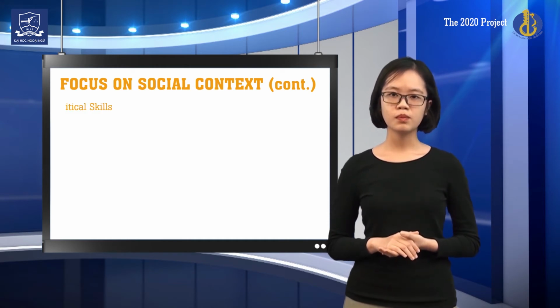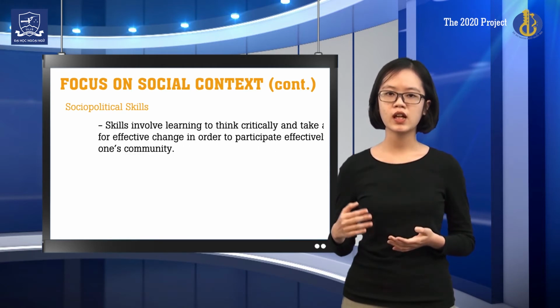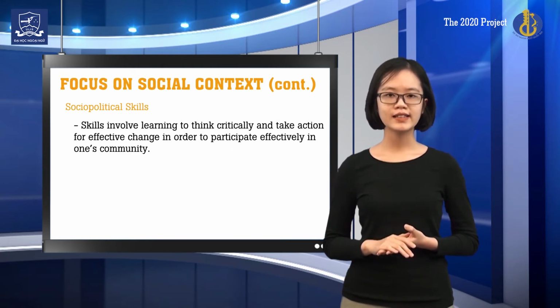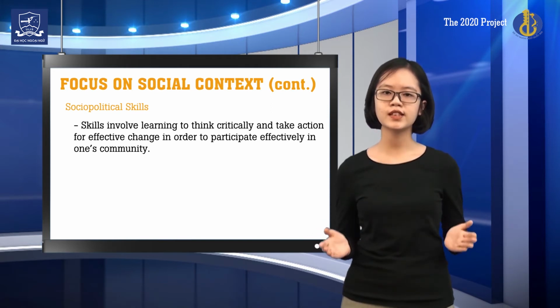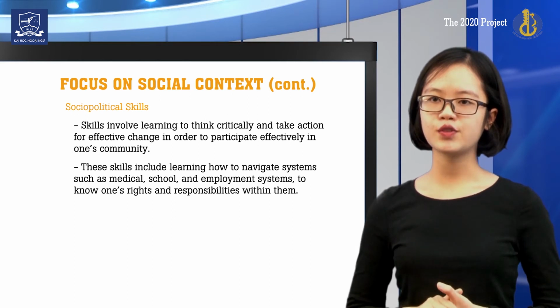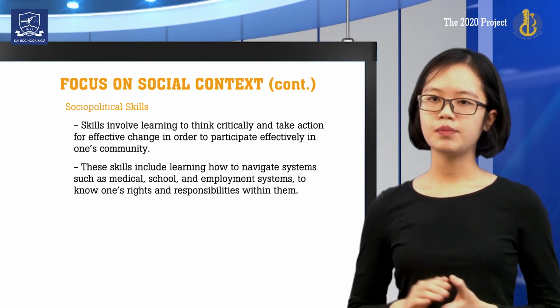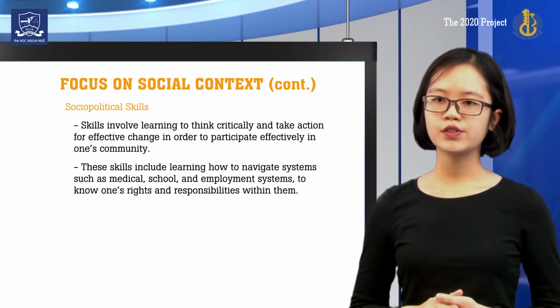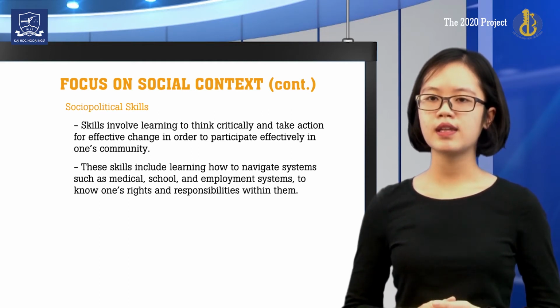Finally, socio-political skills involve learning to think critically and take action for effective change in order to participate effectively in one's community. These skills include learning how to navigate systems such as medical, school, and employment system and know one's rights and responsibilities within them.